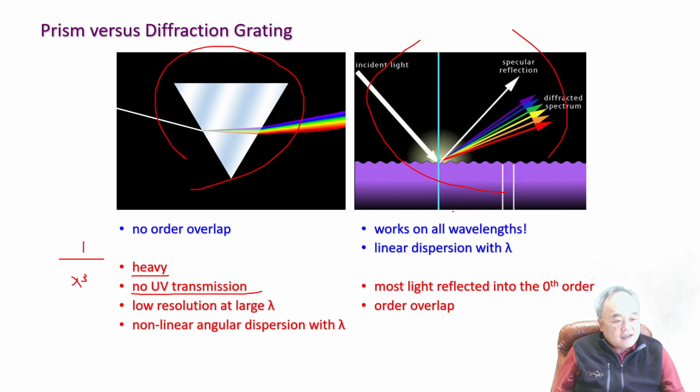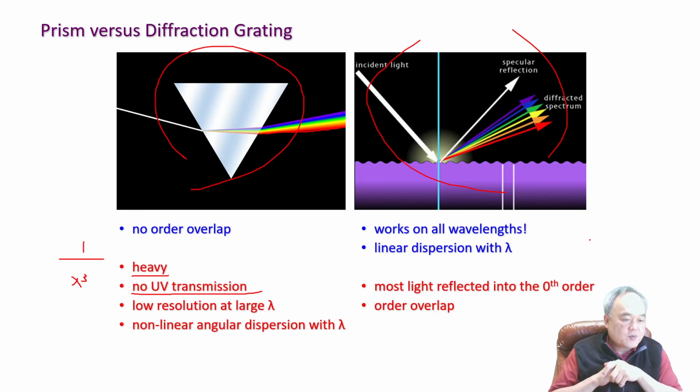Also, a good property is the angular dispersion, which is the same as the linear dispersion. The angular dispersion d theta over d lambda is not dependent on the wavelength, meaning that it is a constant.